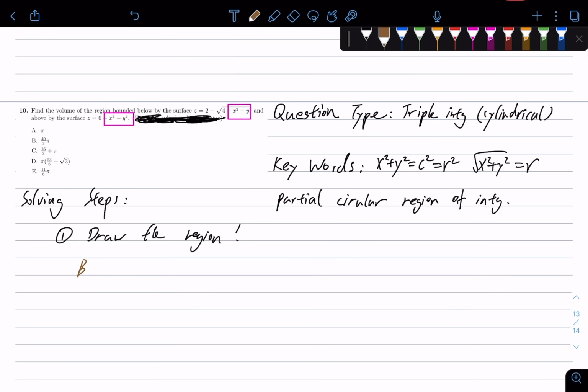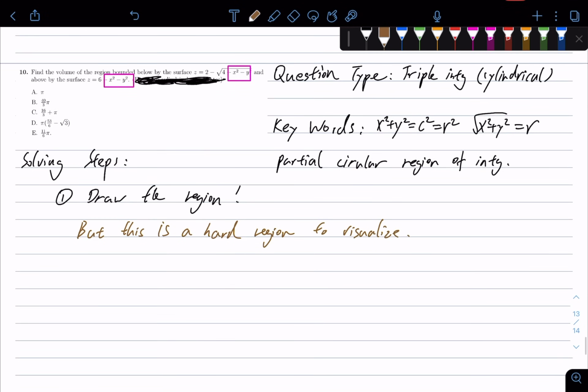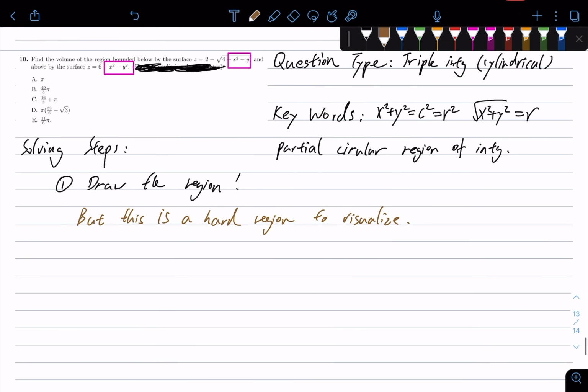So I can write: hard region to visualize. But we can tell it's something that is circular, so cylindrical coordinates are still a valid choice. Let's skip the drawing part and start identifying the bounds to see what we can do here.